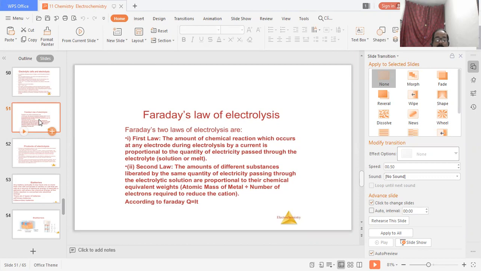And the second law: the amounts of different substances liberated by the same quantity of electricity passing through the electrolytic solution are proportional to their chemical equivalent weight, meaning atomic mass of the metal divided by the number of electrons required to reduce the cation. According to Faraday's law, Q equals I t, where Q is charge, I is current, and t is time.